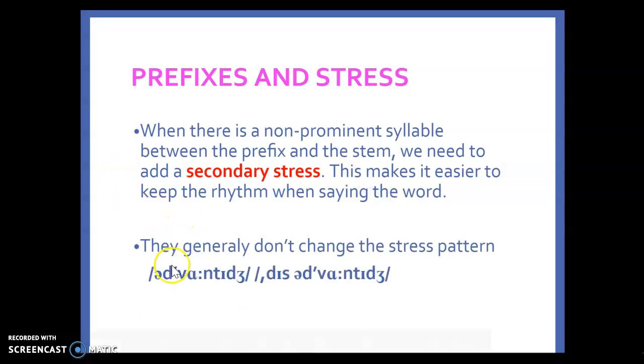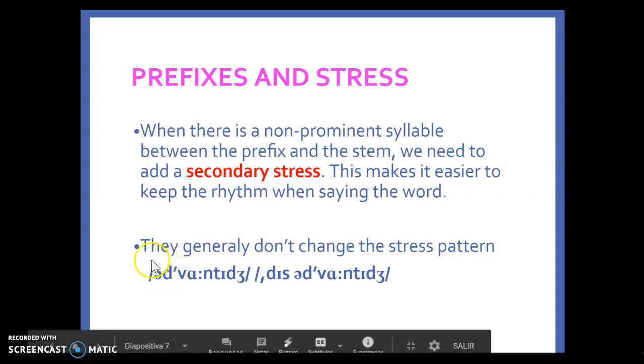And here we have an example. Pay attention. The word advantage has the main stress in van. So we have a weak syllable before the main stress. This is a stress, this is a weak syllable. So if we add the prefix, we cannot have one and two syllables without stress to have the main stress in the third syllable. So we add a secondary stress here.